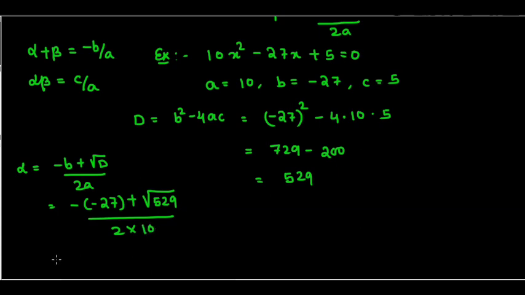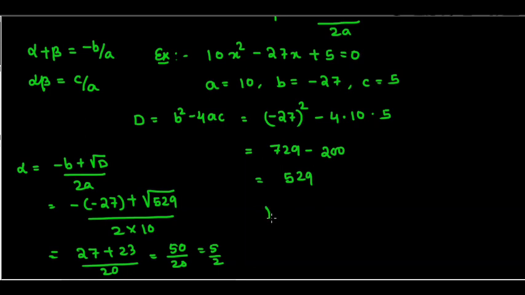That is equal to minus minus will be plus, so it will be plus 27 plus square root of 529 will be 23, divided by 2 into 10 will be 20. So 27 plus 23 will be 50. So we'll get 50 by 20, that is equal to 5 by 2. So one of the roots is 5 by 2.